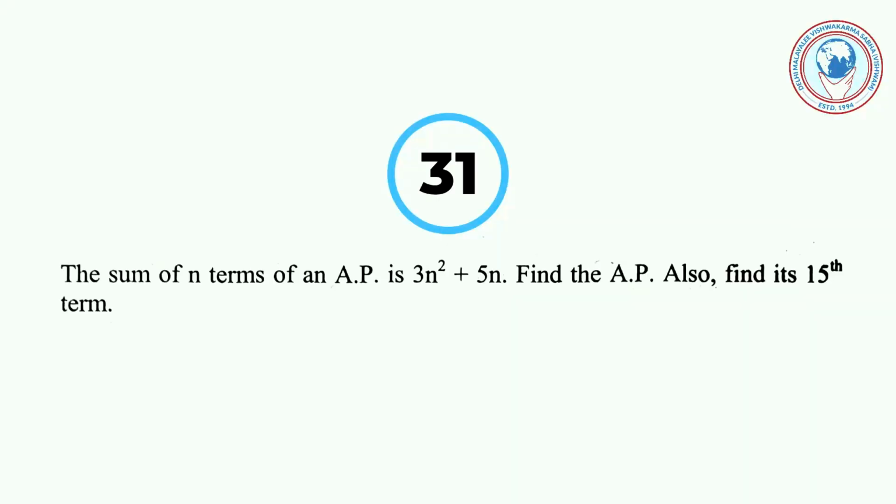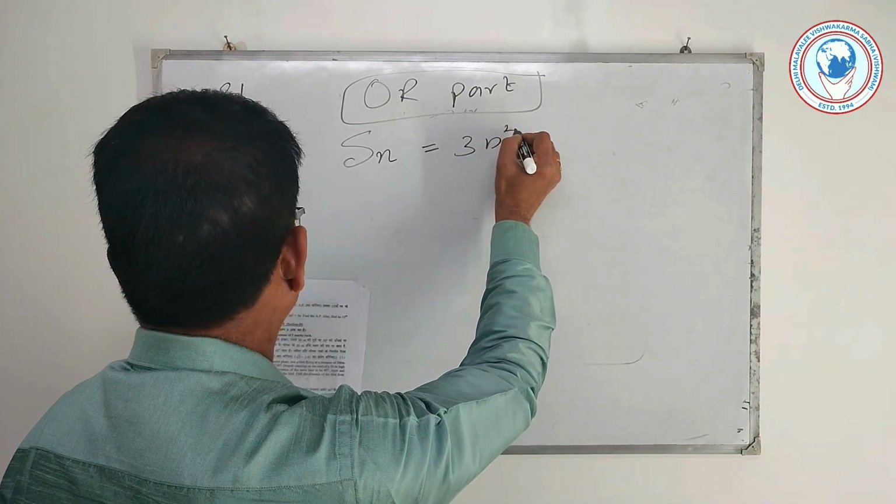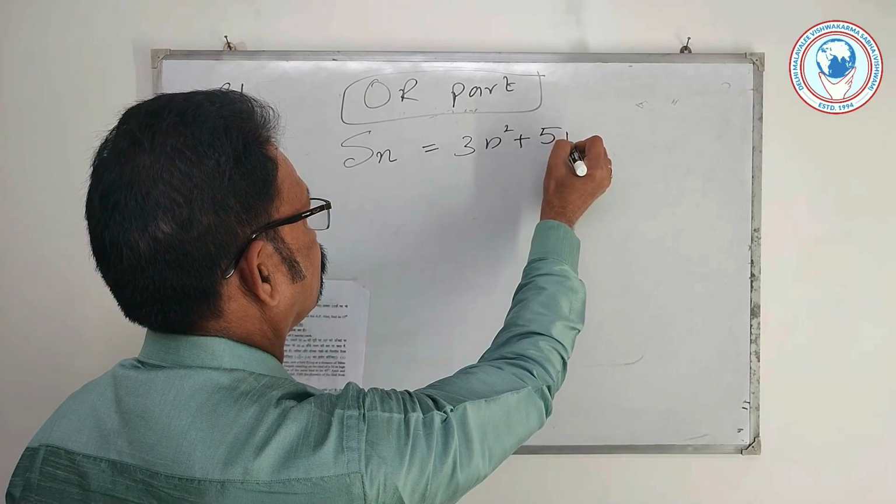Part of this question is: the sum of n terms of an AP is 3n square plus 5n. Find the AP. Also find its 15th term. Sum of n terms of AP given, Sn is equal to 3n square plus 5n.